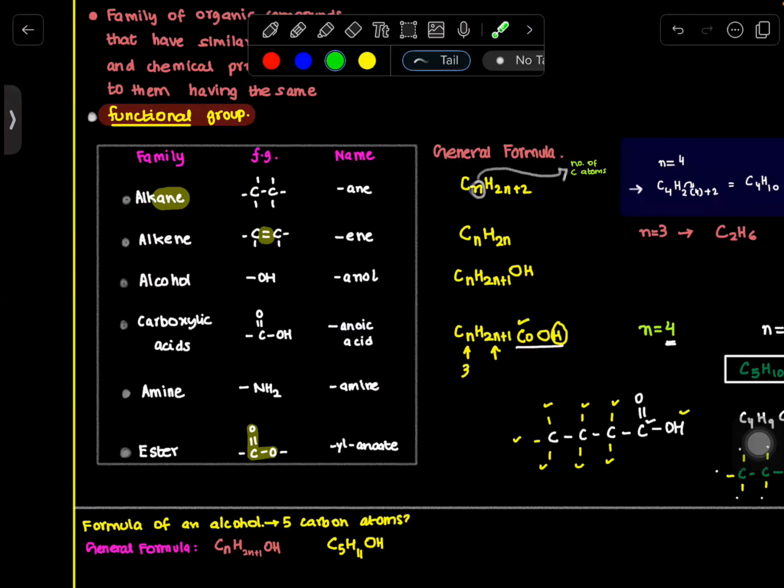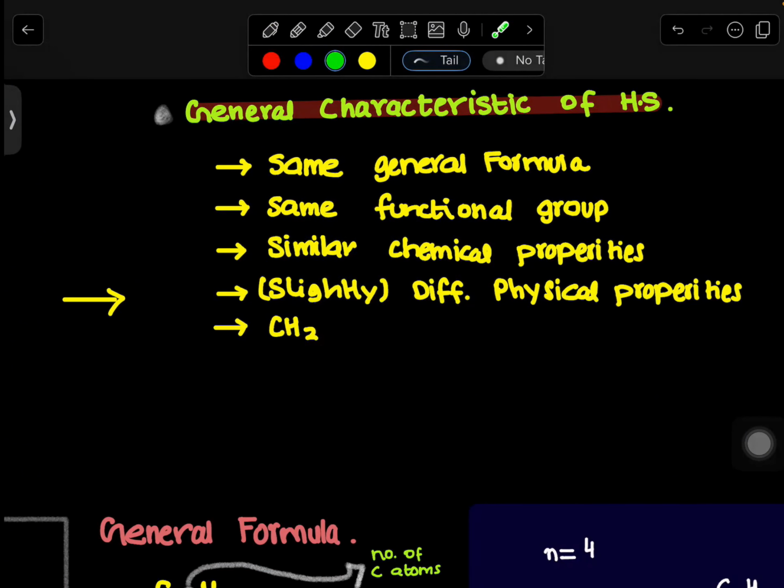The point to remember is that all alkanes will have this general formula. All of the alkanes will have the same functional group, which is the single bonds between carbons and hydrogens. All members of a homologous series have the same general formula, same functional group, similar chemical properties, and slightly different physical properties.